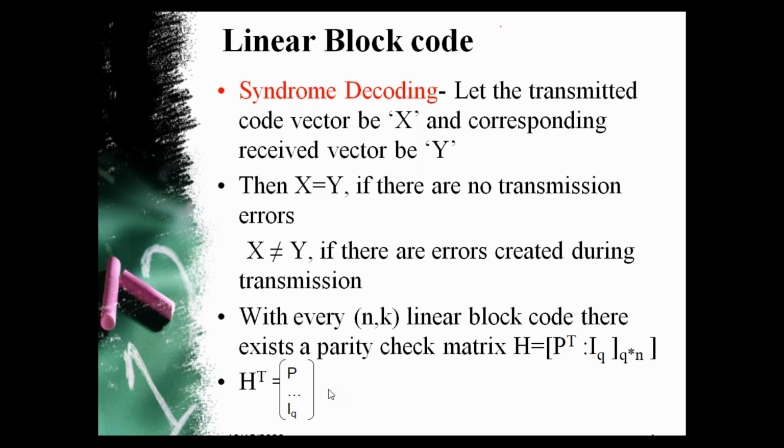Okay, then, here the H transpose matrix, we know what the H matrix is, its general form is P transpose I_q. Then H transpose is P and an identity matrix of the order q.